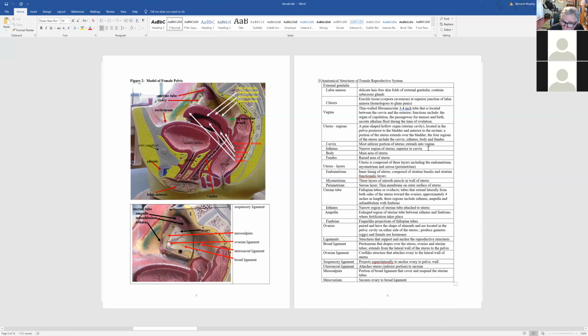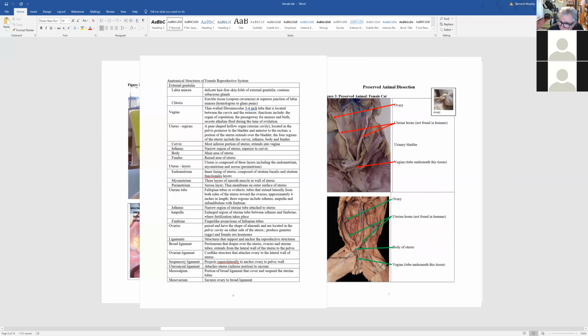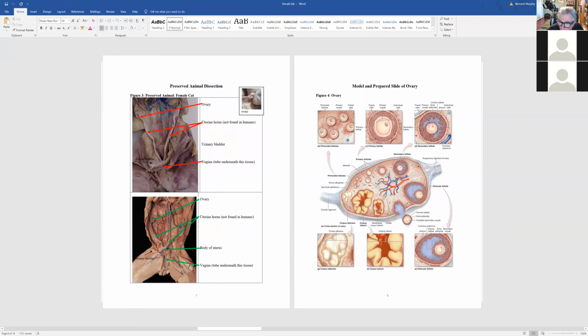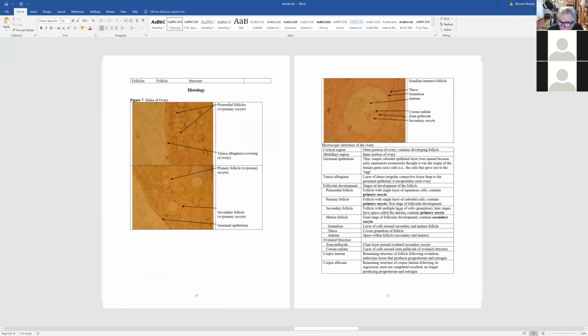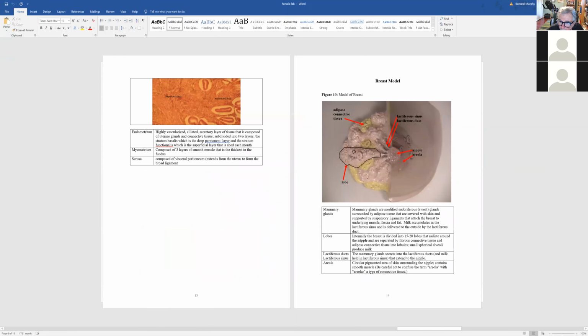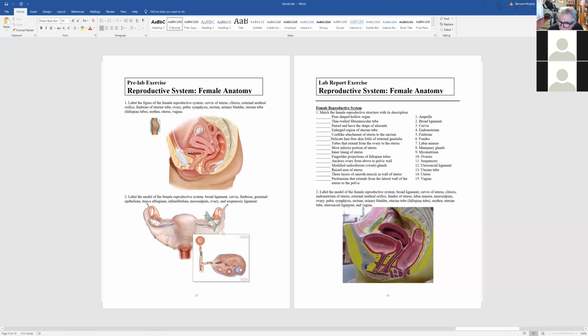Can you go in order again with the numbers? Sure, sure. So let me go back there.